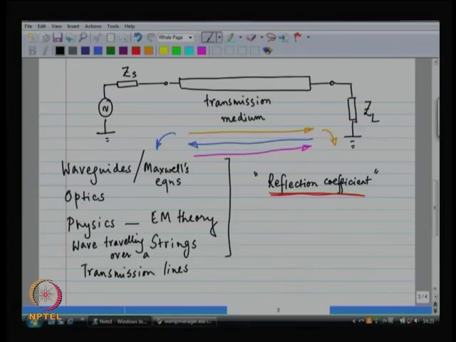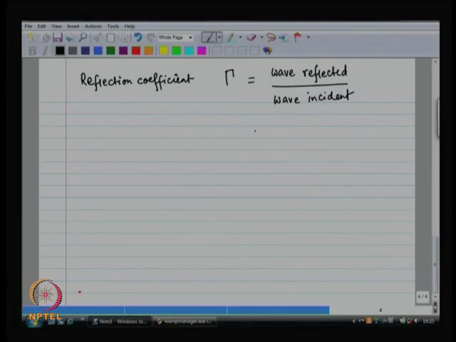All right. Now, this is where I am just going to grab something from the future of this course and utilize it right here. It so happens that this gamma is going to be equal to (ZL minus Z naught) by (ZL plus Z naught).